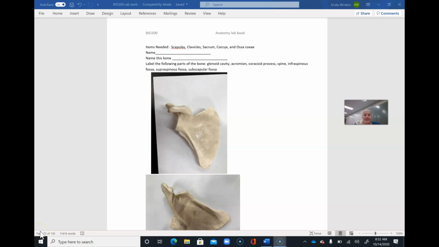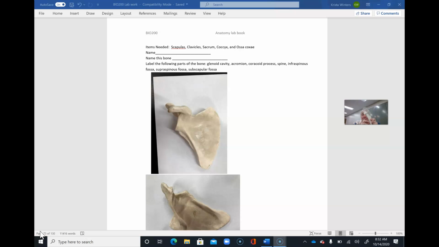Hey everyone, in today's lab we're going to go over the appendicular skeleton. And the first part of the appendicular skeleton that I'm going to cover is the pectoral girdle. And so the pectoral girdle consists of two bones.